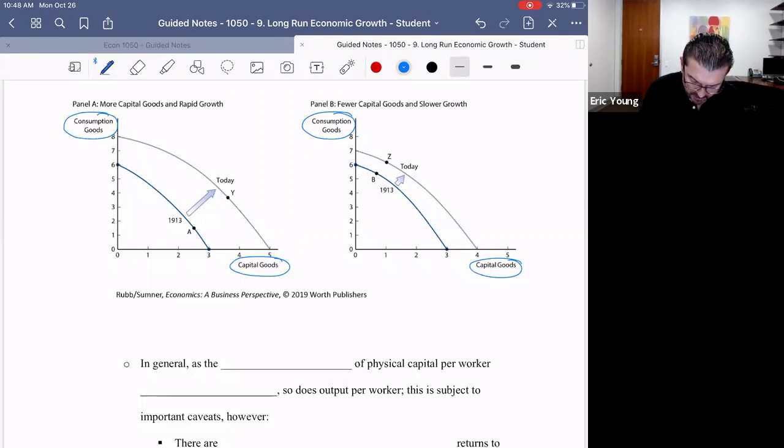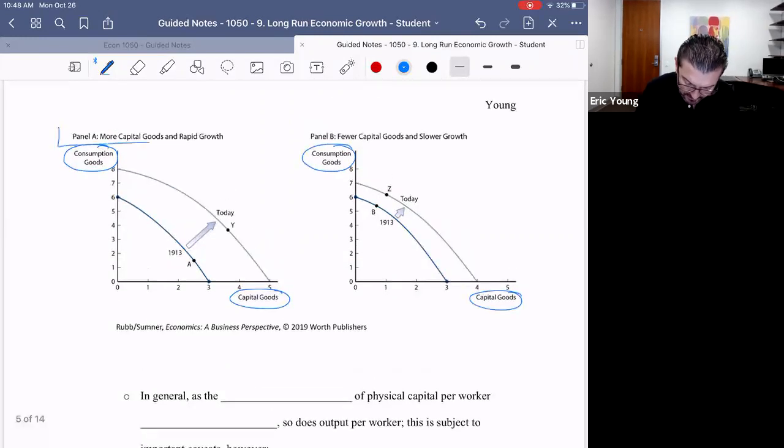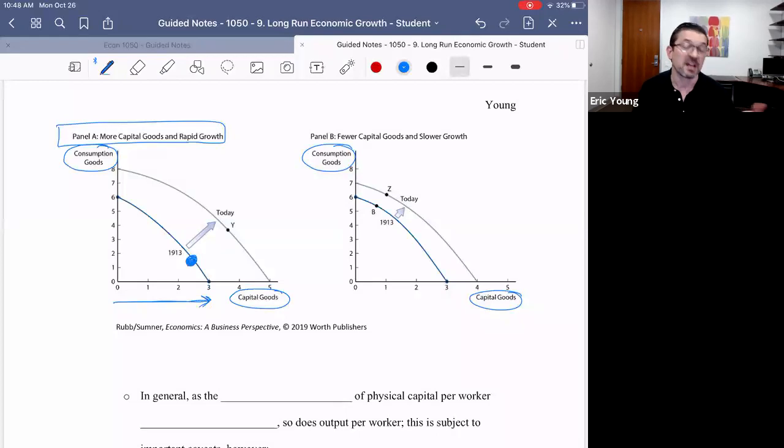If you take a look at this, we'll kind of flesh it out. Let's look at panel A right here. In panel A, you see here country A, this blue dot. Notice that country A has decided to really invest in capital goods. So they're operating right here, very high on capital goods, but they've made the decision that they're going to be very low on consumption goods.